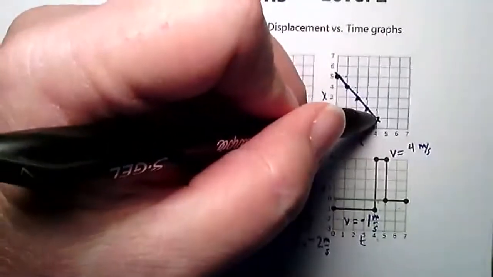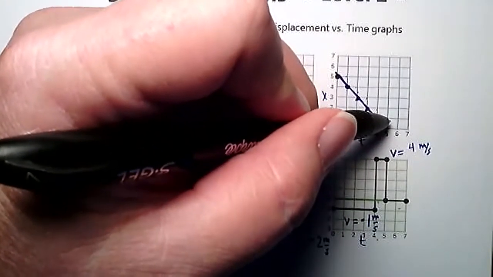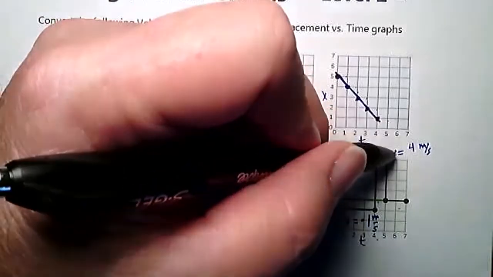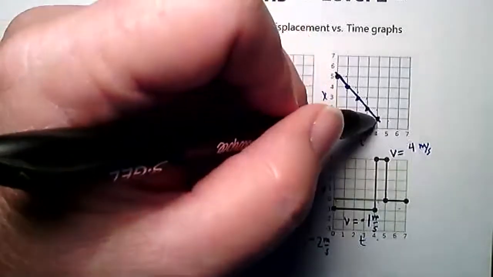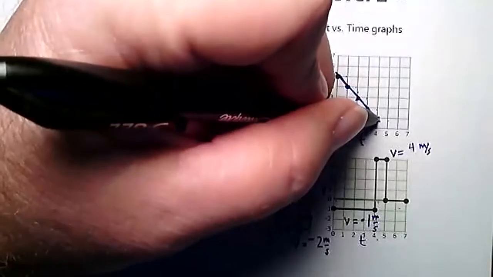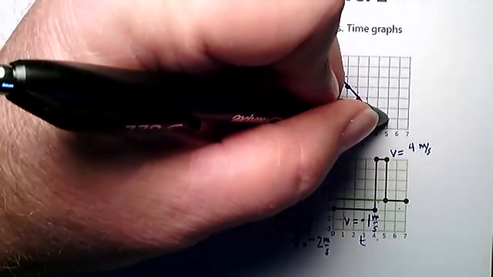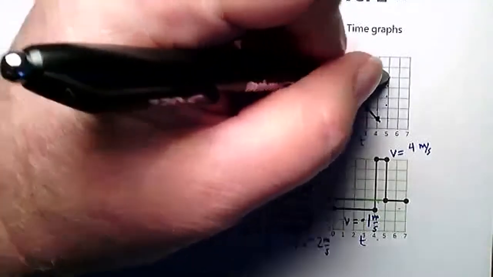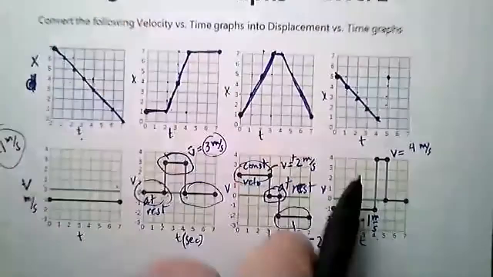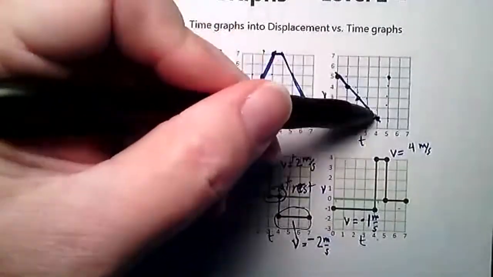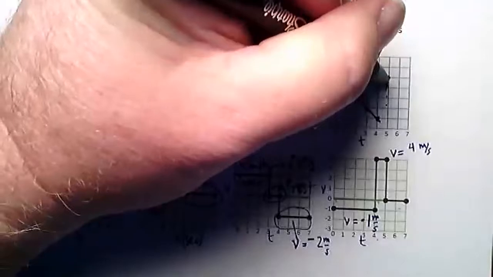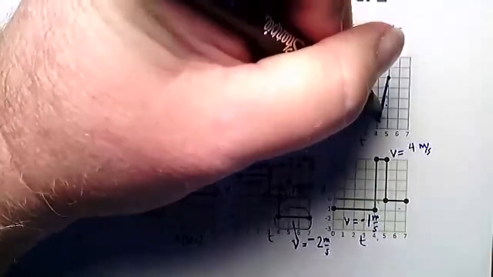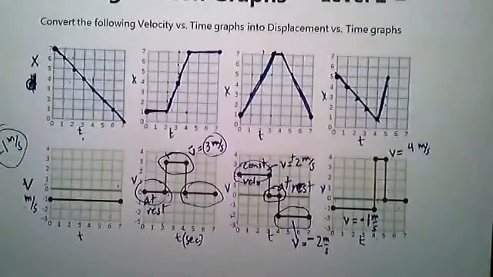In going from 4 seconds to 5 seconds, my velocity changed so that I've got 4 meters for that 1 second. So for the 1 second's time, it's going to climb 1, 2, 3, 4 meters. All right? That would be 4 meters of displacement in 1 second. And I'll connect those two. Okay? It'll look like that.